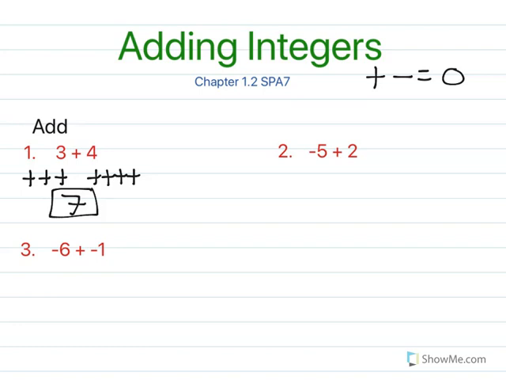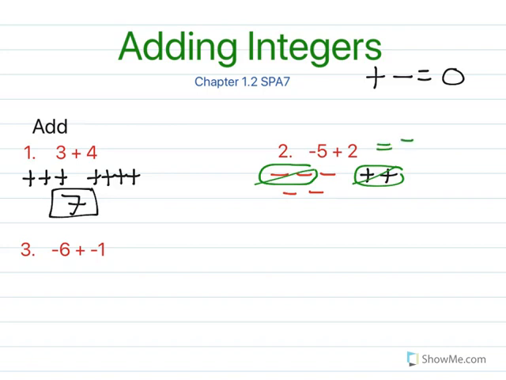So I'm going to use red for negatives. I'm going to have 1, 2, 3, 4, 5. I'll use black for positive. It's in the black. So I have 1, 2. So I have 2 negatives, which cancel out 2 positives. And I'm left with 3 negatives.